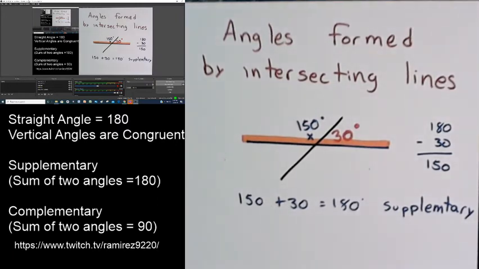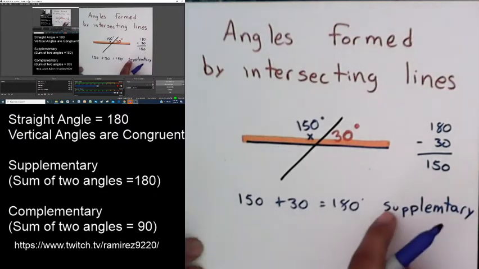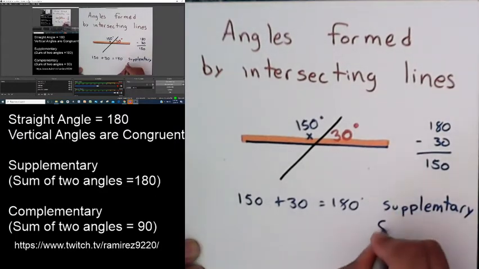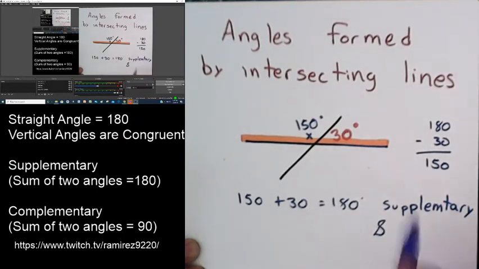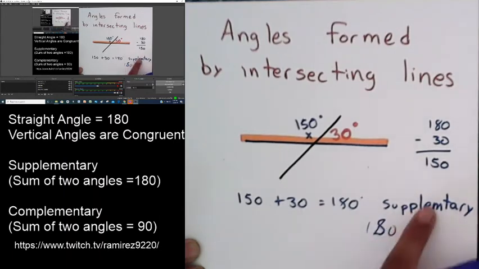A neat thing my wife told me is, you see this S? If you just do a little slash to it, it becomes an 8. That's one way to remember that supplementary is the 180.